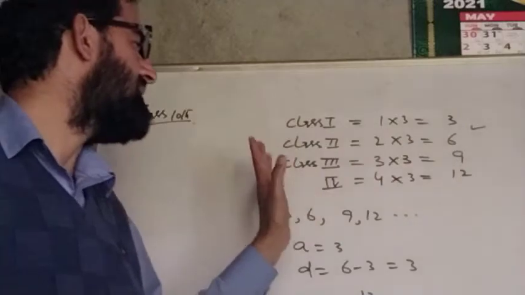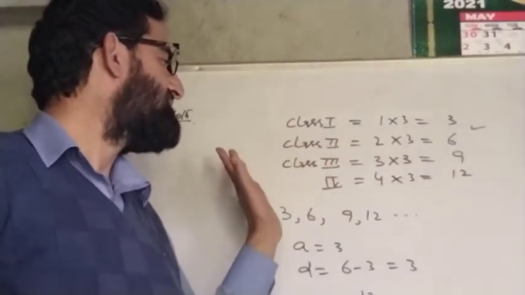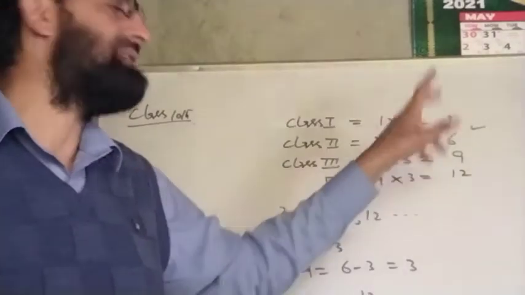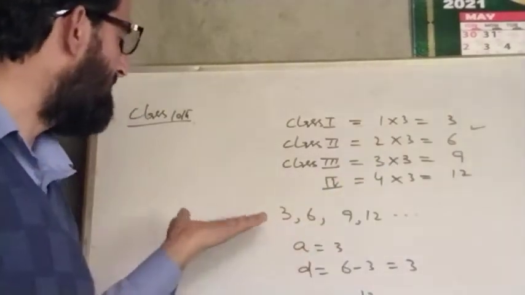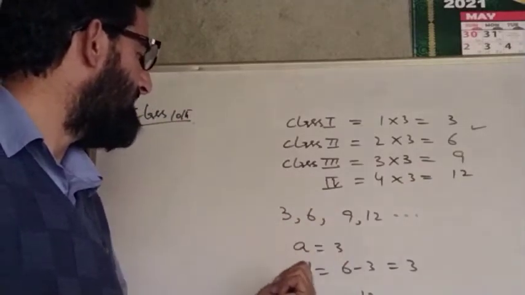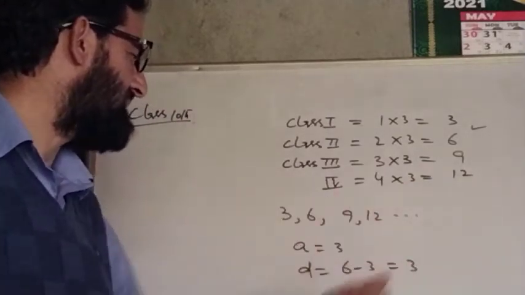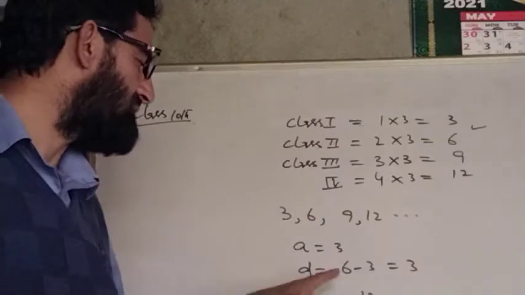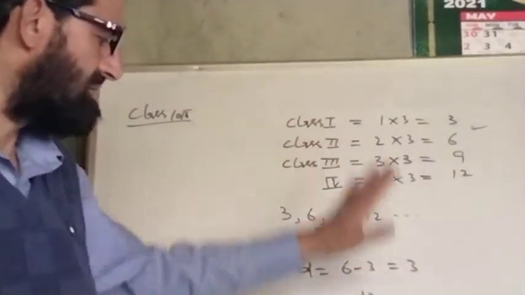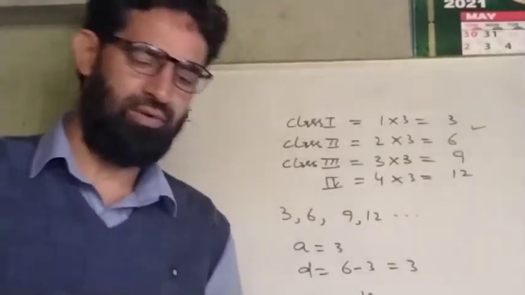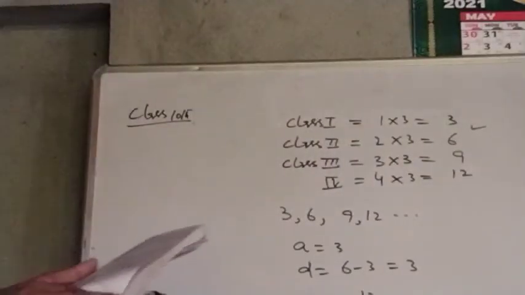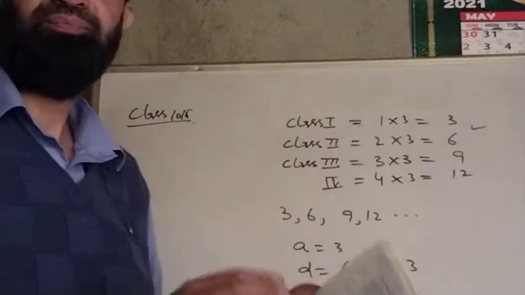Similarly, third class will plant 3 trees into 3, because there are 3 sections, it will become 9. So we got an AP 3, 6, 9 and 12, and here a is equal to 3 and d is equal to 6 minus 3, that is again 3, and there are 12 classes, so n is equal to 12, and the sum of trees all the classes will plant is 234. That's how it goes. So this was question number 17. Today we are going to complete this.